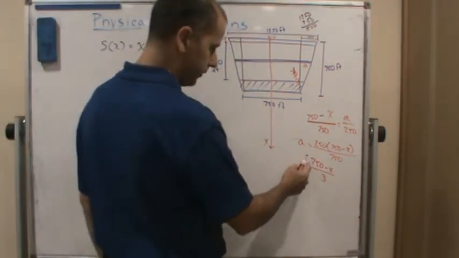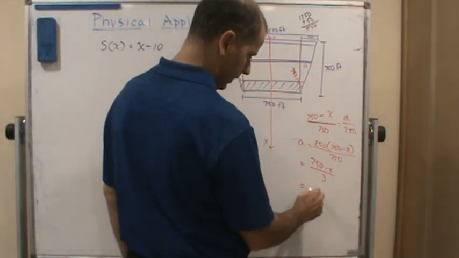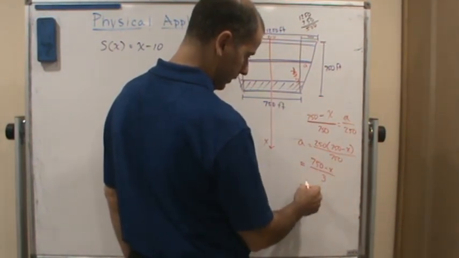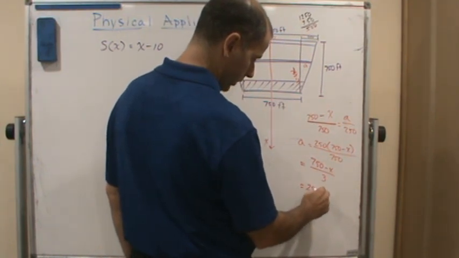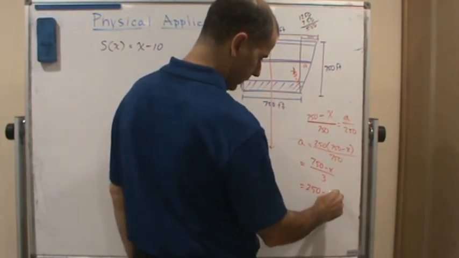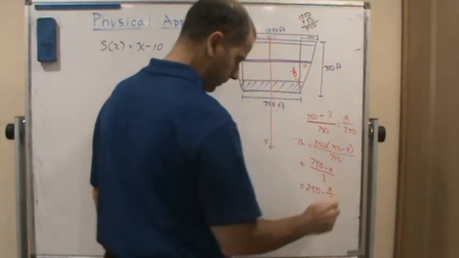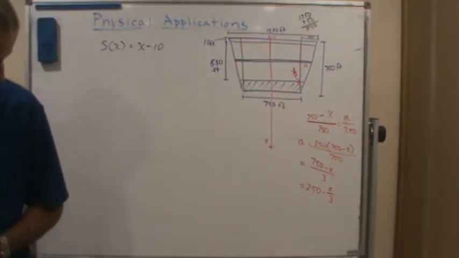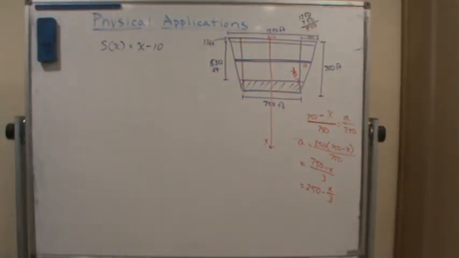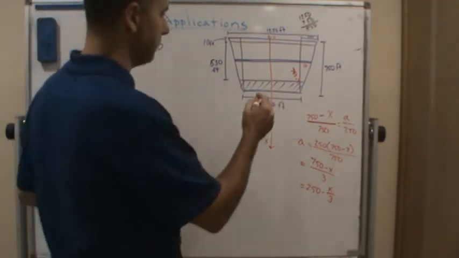Well, 1/3 of 750, we just saw, is 250. So this is going to be 250 minus x over 3. So 250 minus x over 3 is a. So that's this piece right here.